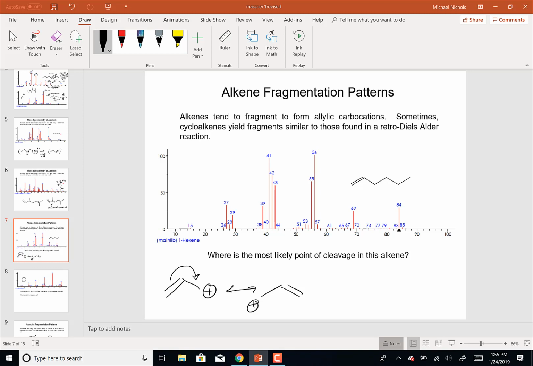So when we look at an alkene, we say, okay, how's it going to fragment? It's going to fragment to give me an allylic carbocation. So for instance, in this one, 1-hexene, it weighs 84. 84 going to 69 means that I just lost 15, so that's the cleavage of the methyl group on the end.